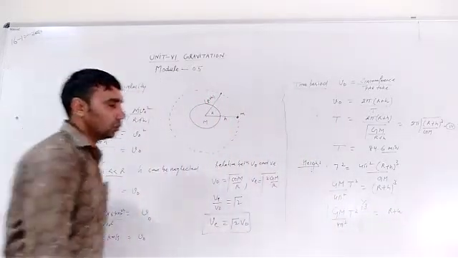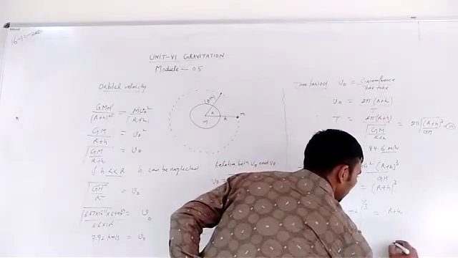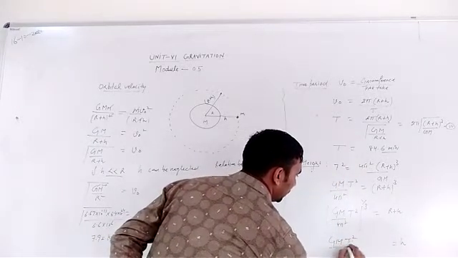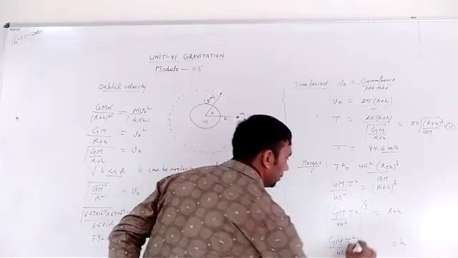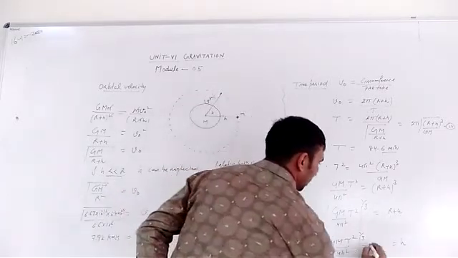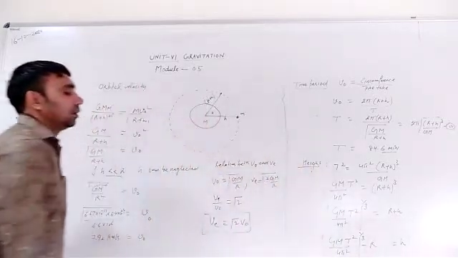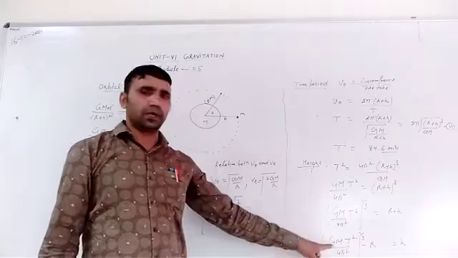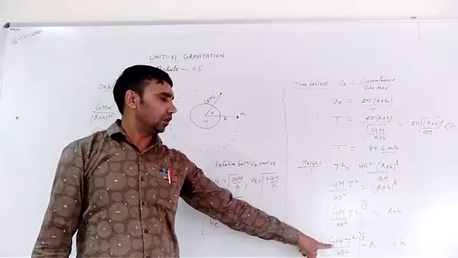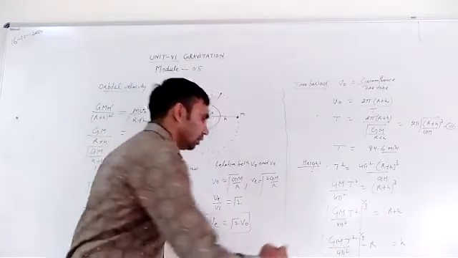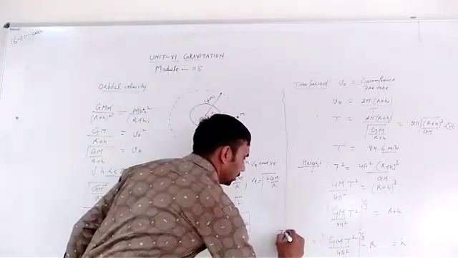H is equal to (GM T square divided by 4 pi square) to the power 1 by 3 minus R. Putting the values of these parameters, we get the height of a satellite, that is 36,000 kilometers.